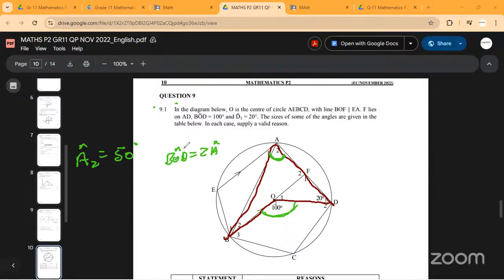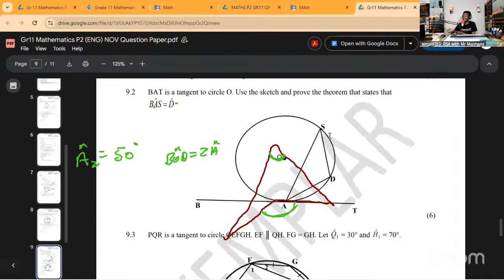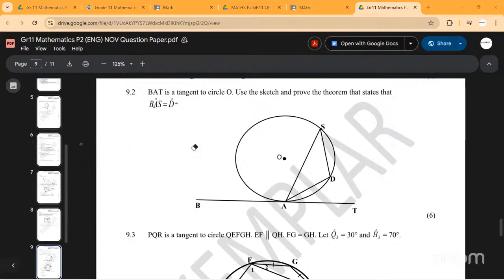Tomorrow we're going to look at this theorem. Actually, we're going to look at your one first, that construction with that shape, and then we're going to look at this one as well. For sure, you've seen it in your book also. Which one? The tan chord theorem.